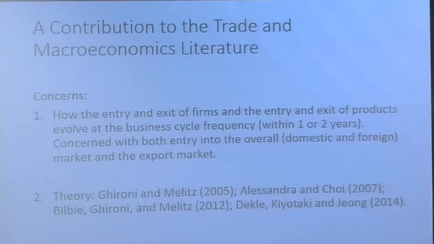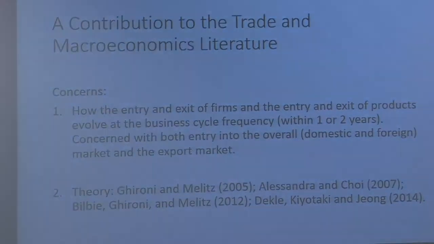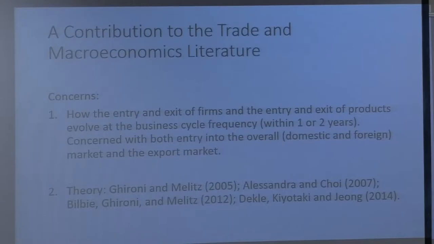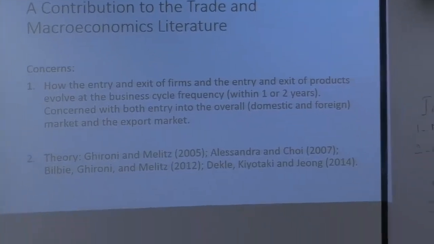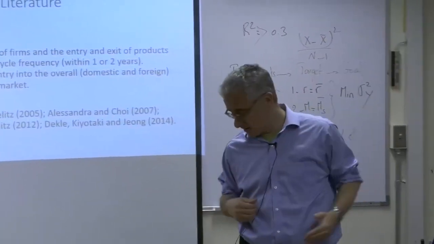But here we're more interested in improvements in productivity at shorter frequencies, maybe 1 or 2 years, at what's called the business cycle frequency, rather than the very long-run frequency.